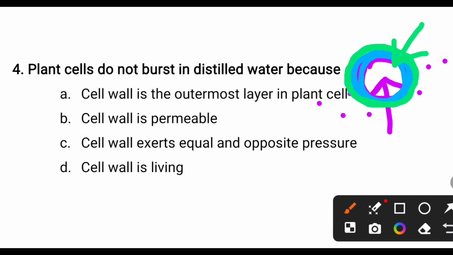They exert the same pressure on the plasma membrane, so that doesn't allow the swelling of plant cells. Both are equal but in opposite direction. That is called wall pressure created by cell walls. So here the correct answer is cell wall exerts equal and opposite pressure.